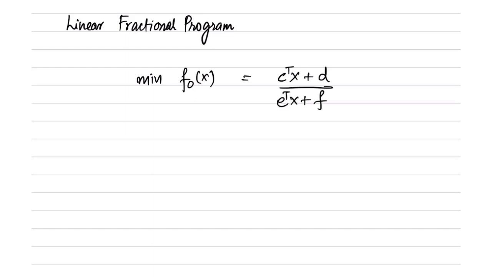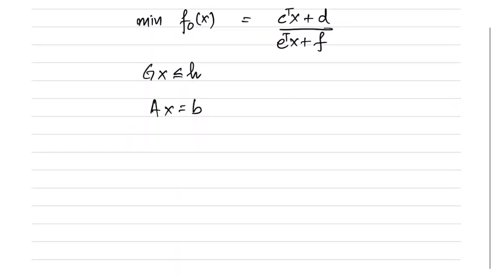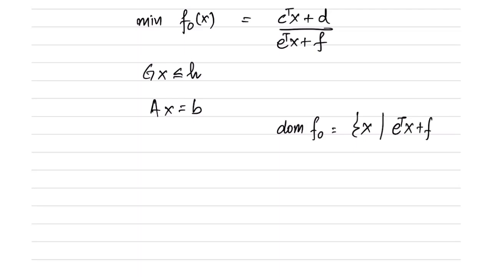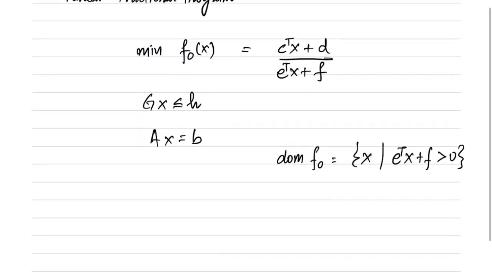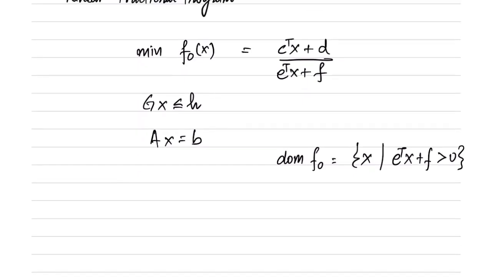So this is a linear fractional, and we have Gx less than or equal to h and Ax equal to b, and on top of that we have a domain restriction. So we are saying that the domain of f naught is the set of all x such that e transpose x plus f is greater than 0. So this is the linear fractional program.